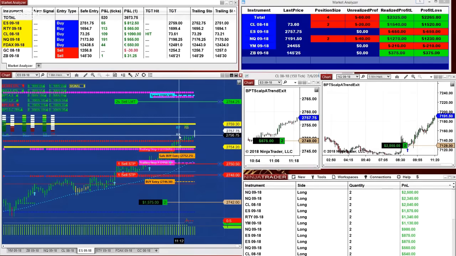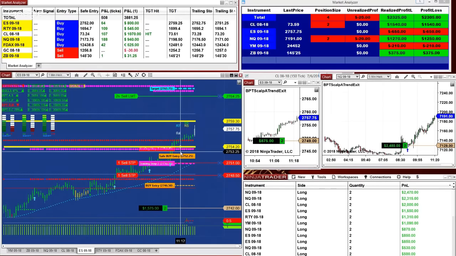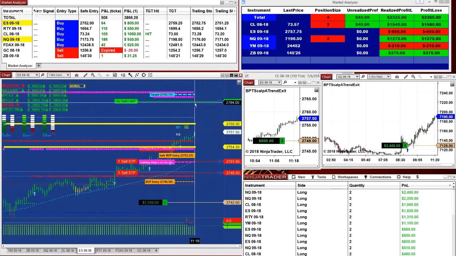If you want to enter the market, you can re-enter from those lines where it says safe entry. So on the first pullback, yes, you can take a manual re-entry, not an auto trade, and then you hit the target. As you see right now, the target has extended a little bit.